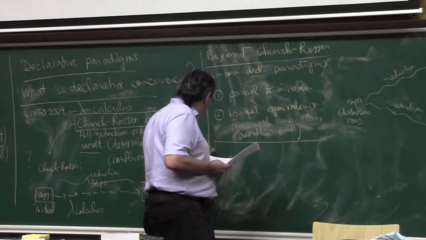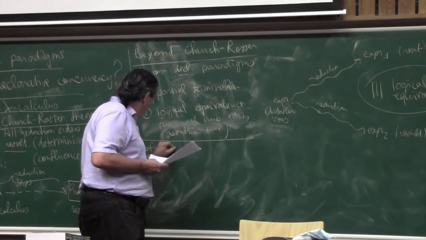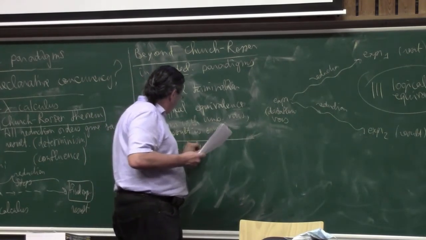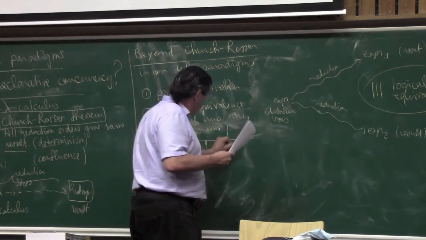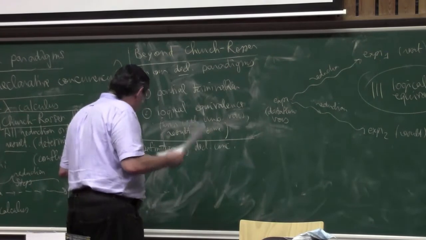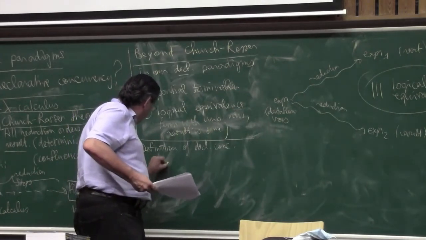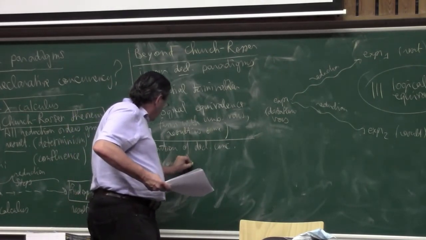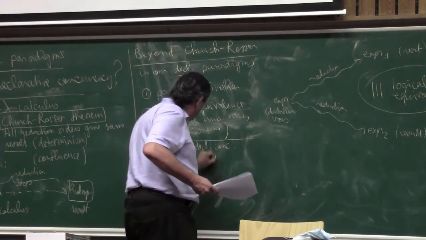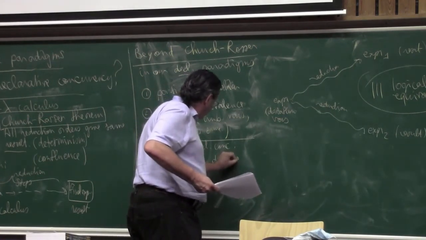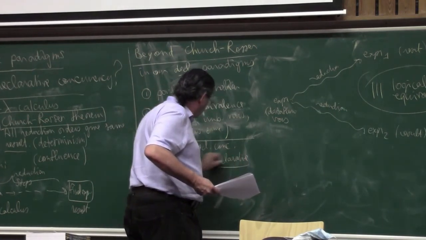Okay, and now we can make a definition of declarative concurrency. So we can say a concurrent program is declarative if the following conditions hold.